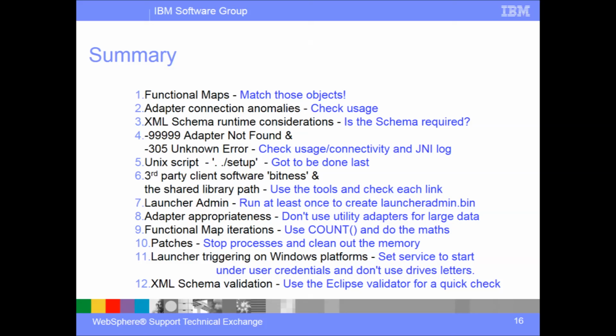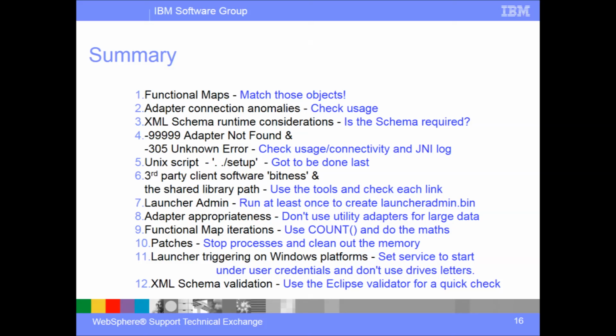Unix script: ./setup. It has to be done, and it has to be done last. Third-party client software, bitness and the shared library path: use the tools that are available to check each link.